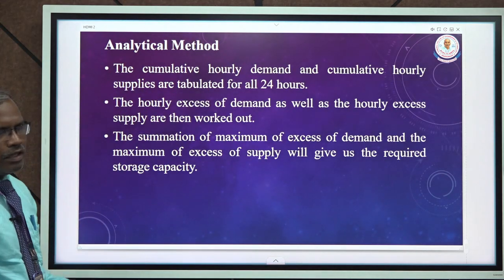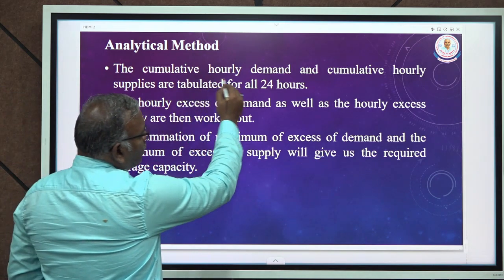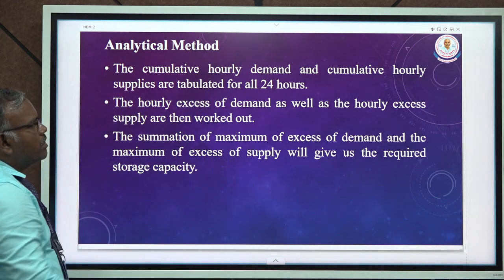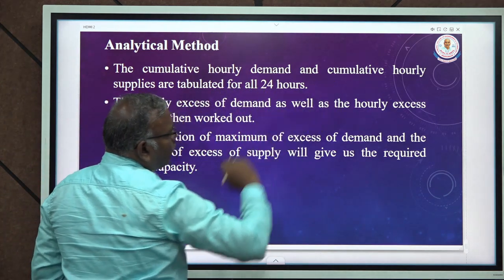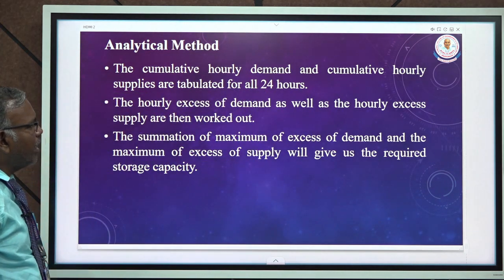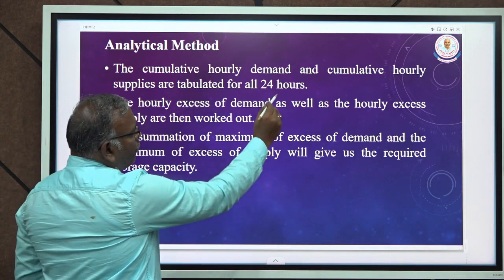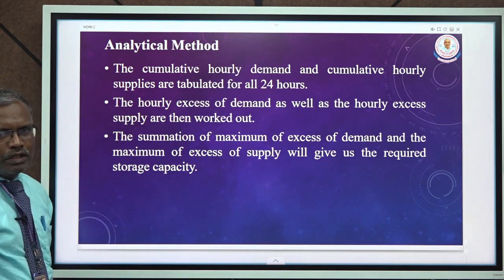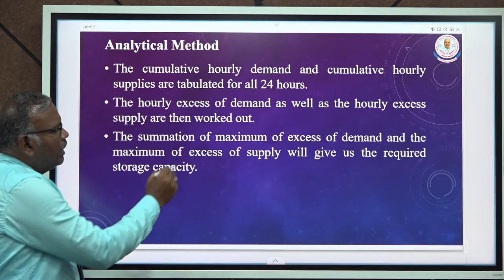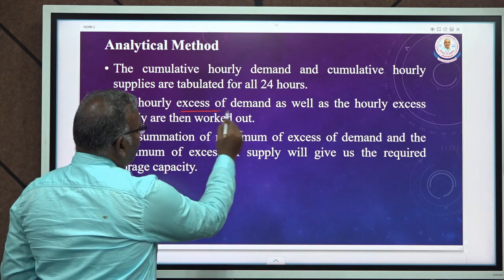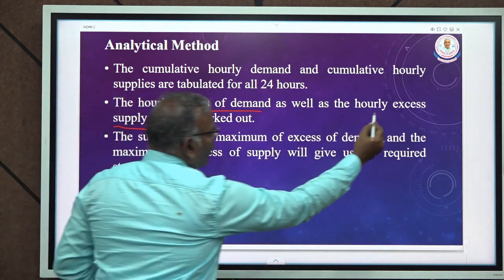Okay, next, the same in case of the analytical method: the hourly demand is available from the data. Then we can compute the cumulative hourly demand as well as supply. Next, we can tabulate these two values and find the hourly excess demand as well as the hourly excess supply.